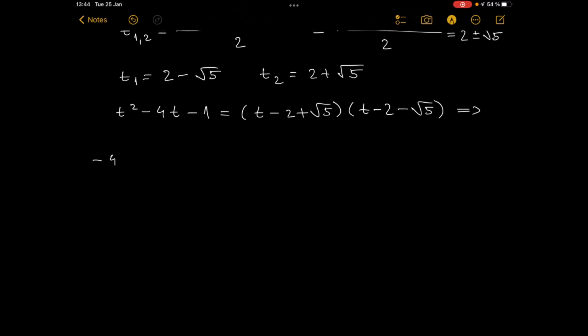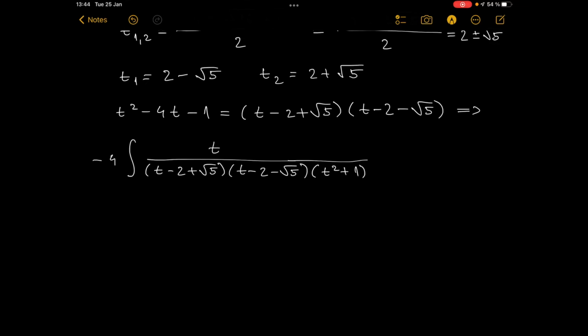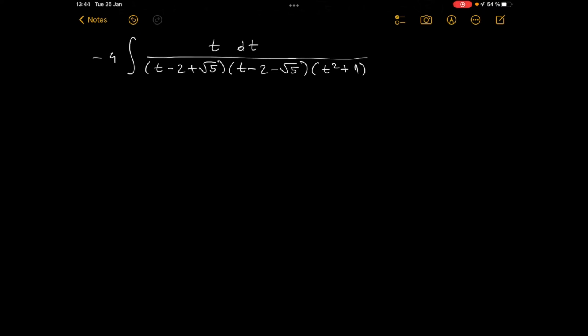Okay, now we'll go back to our integral. So we've got the negative 4 times the integral of t over t minus 2 plus the square root of 5, times t minus 2 minus the square root of 5, times t squared plus 1, which we said is not factorable, dt of course. So what we want to do is separate these into 3 distinct parts.